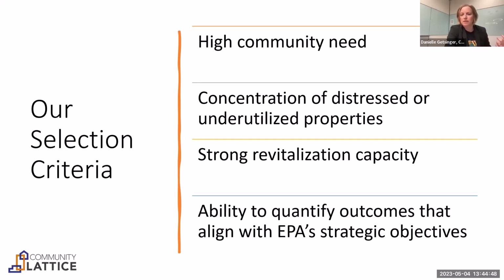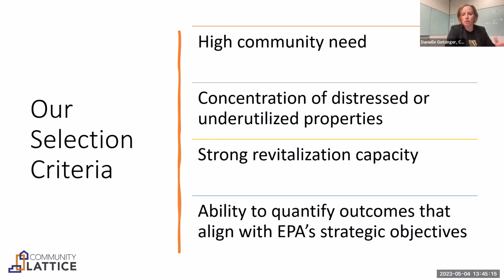We want to make sure that we can activate this funding, and that the outcomes are aligned with the strategic objectives of the EPA, both with their larger strategic plan, which is referenced within the guidance document, and the Environmental Justice Action Plan, which has some key action items and initiatives they want to advance. The purpose of this program is not necessarily to advance one type of economic development.